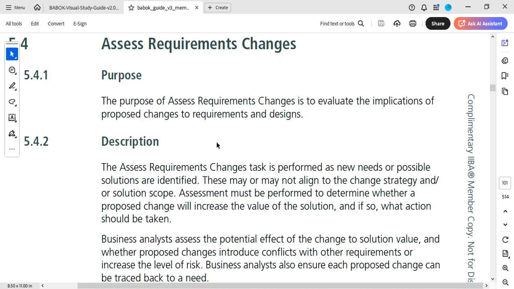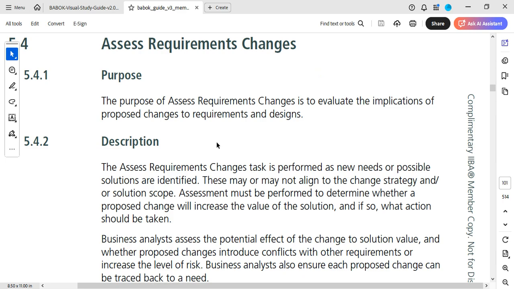So, what's the purpose of assessing requirement changes? The purpose of assessing requirement changes is to evaluate the implications of proposed changes to requirements and designs. And remember, we are still in that stage of planning, so you've not actually started solutioning.